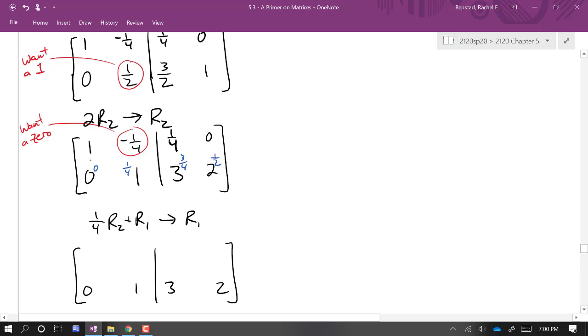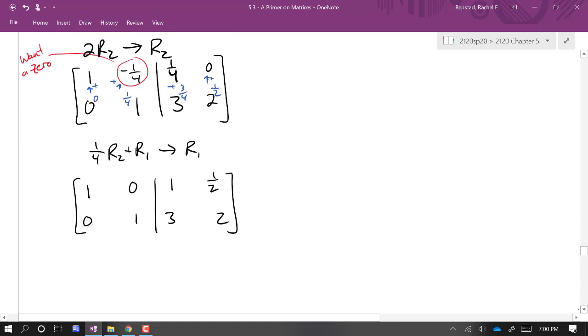And then I'm just going to add to the entry above. So 0 plus 1 is 1, 1/4 plus negative 1/4 is 0, 3/4 plus 1/4 is 1, and 1/2 plus 0 is 1/2. So look, here we have the identity on the left.